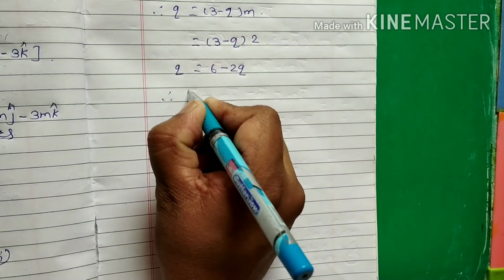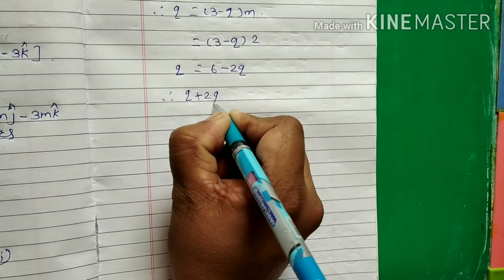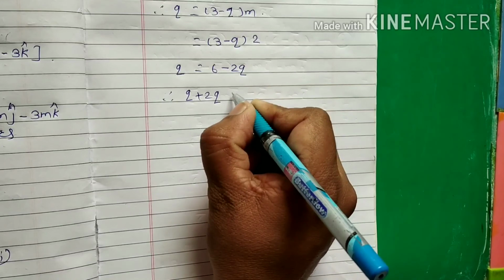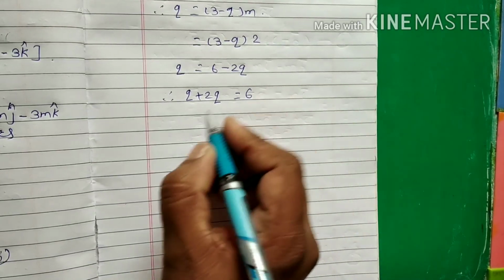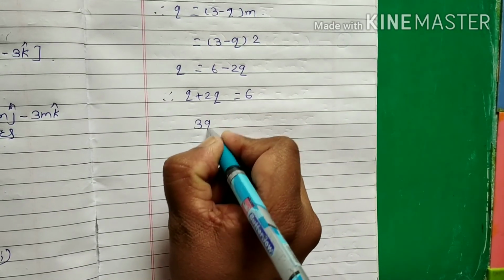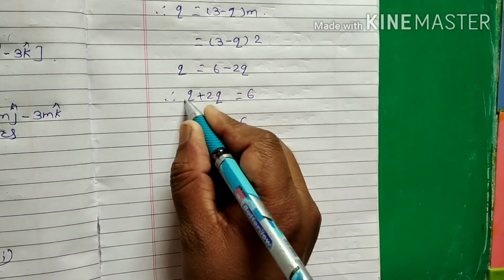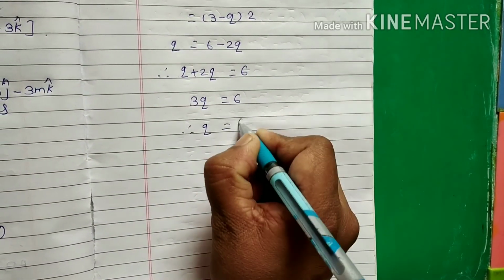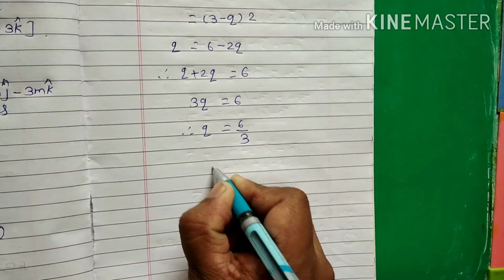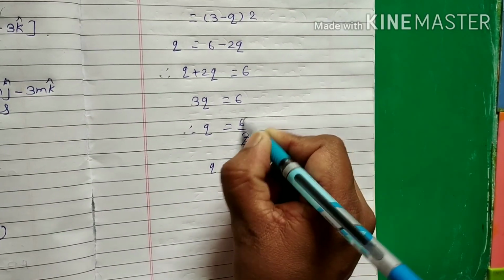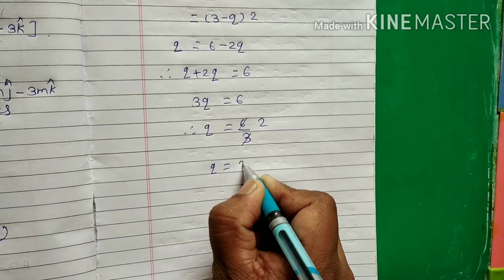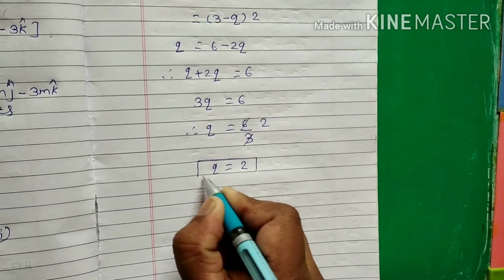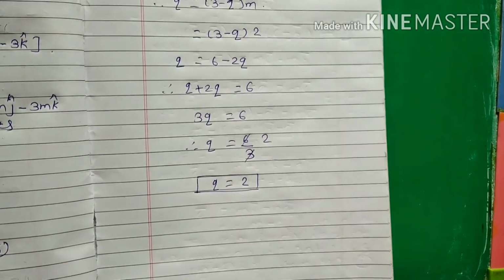Rearrange the above equation: q plus 2q is equal to 6. Therefore 3q is equal to 6. Therefore q is equal to 6 divided by 3, and we get the value of q is equal to 2.